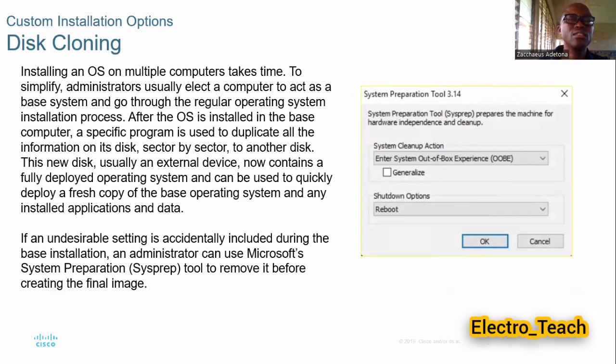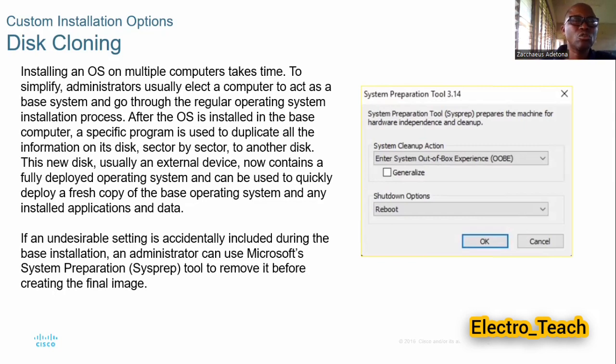That means the administrator of the computer will install the operating system on one particular computer and ensure that everything is installed properly. Then after the OS is installed, that computer is referred to as the base computer. Then a special program is used to duplicate all the information on the disk of that base computer, sector by sector, to another disk.